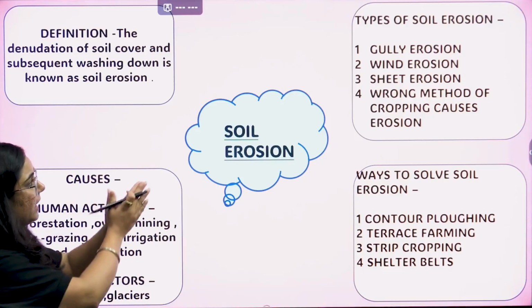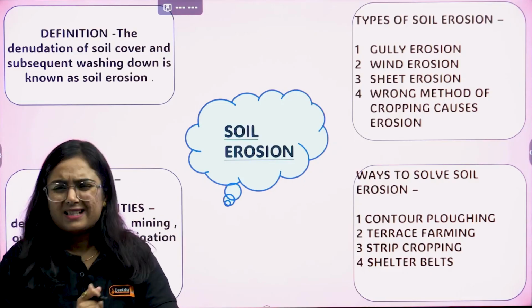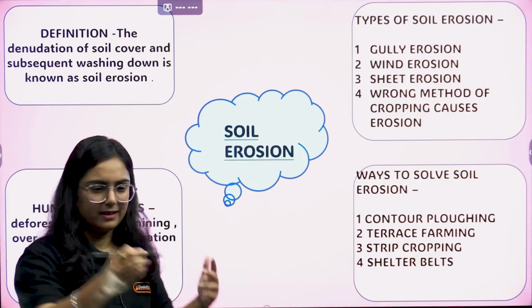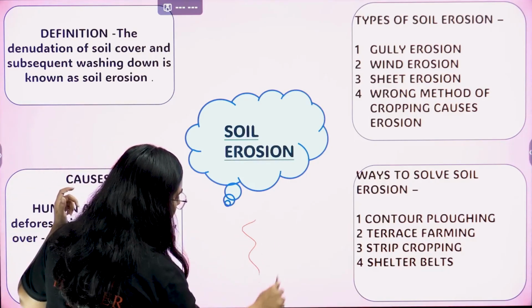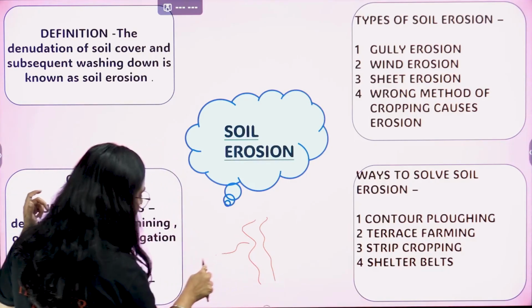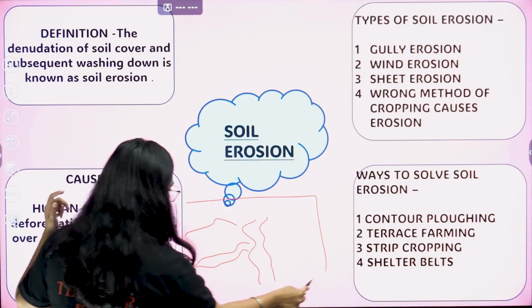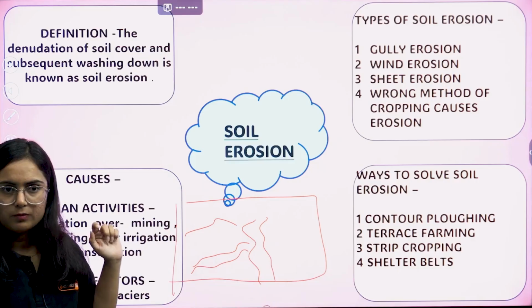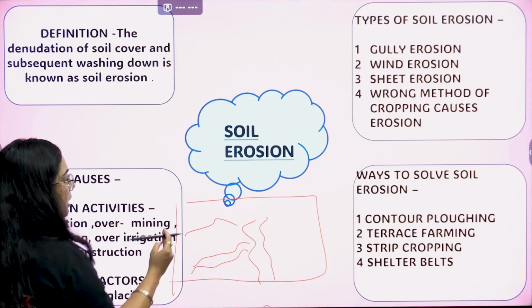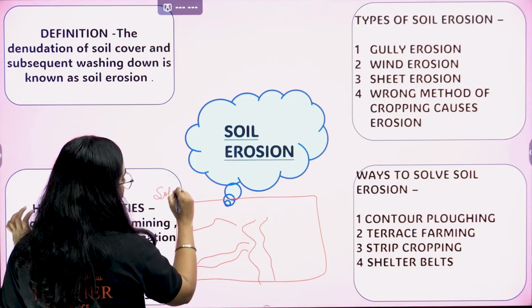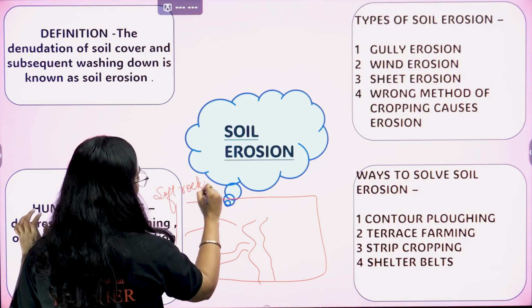So talking about gully erosion, exactly like the word says, gullies, right? See, like this. This is a part of land which has soft rocks. Consider it has soft rocks.